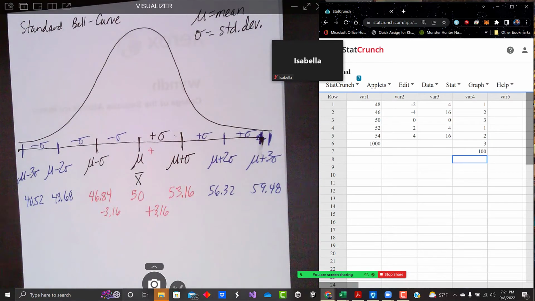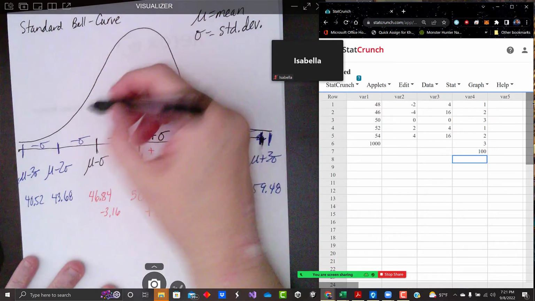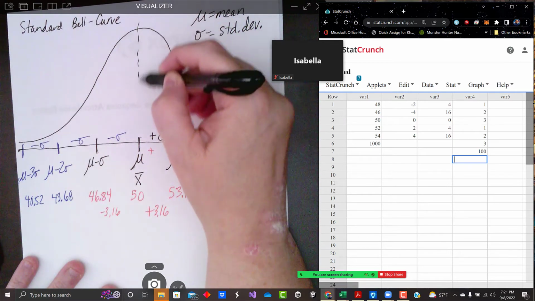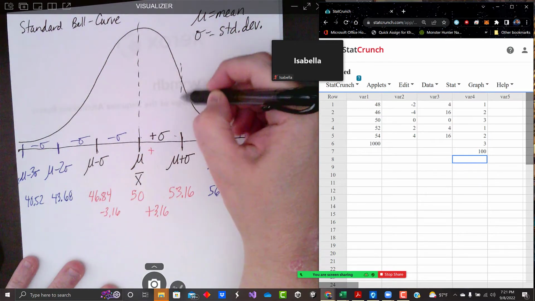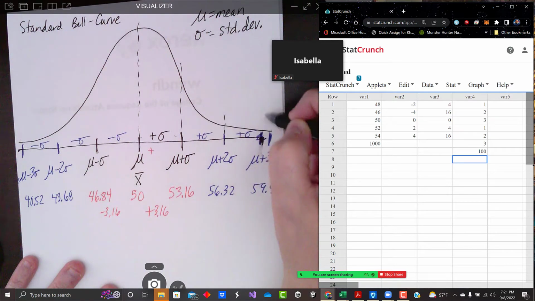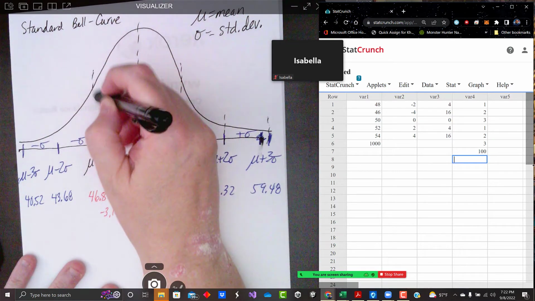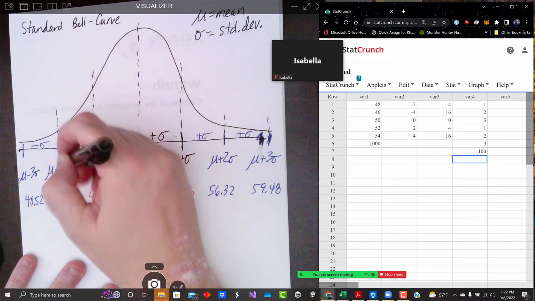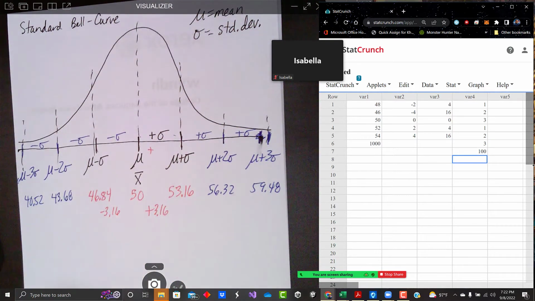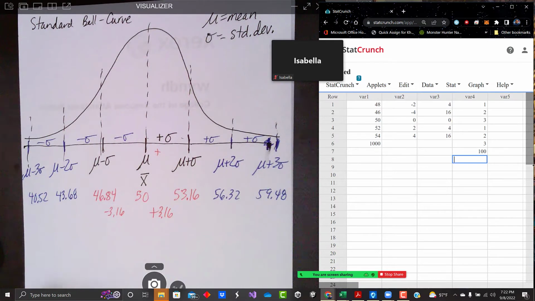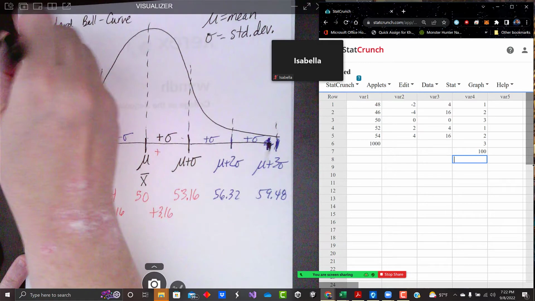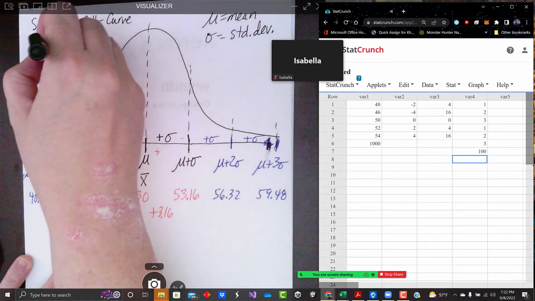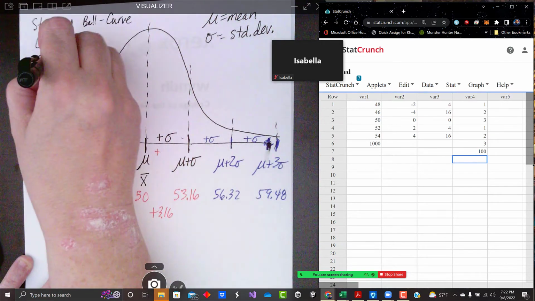Okay, so why did I give you that information? I'm going to put little dotted lines to show you what's going on. For all standard bell curves, not for all bell curves, standard implies mean of 0, standard deviation of 1.